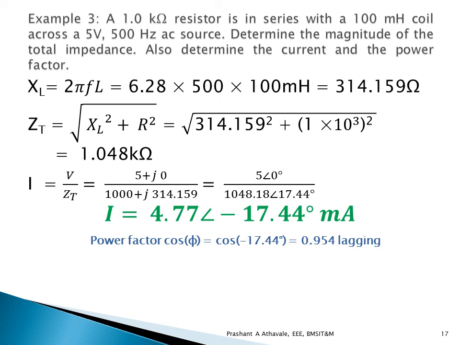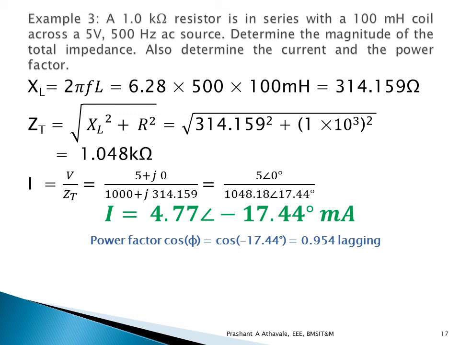If you find the product of all this, it is going to be 314.159 ohms, and resistance is 1000 ohms. Therefore, if you put all this information into that formula, you will get the total impedance as 1.048 kilo ohms. So what is the current?